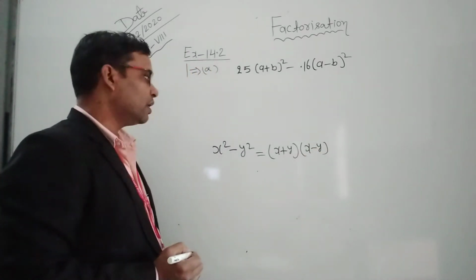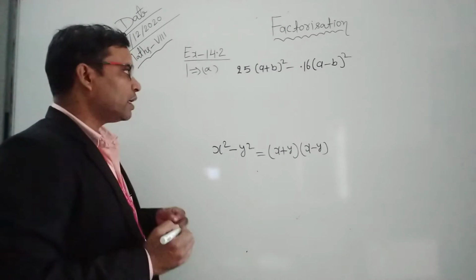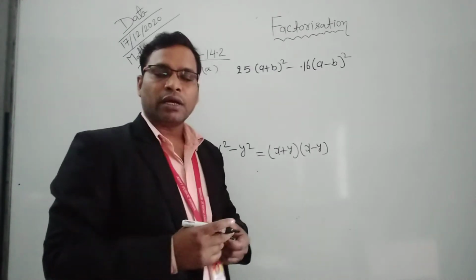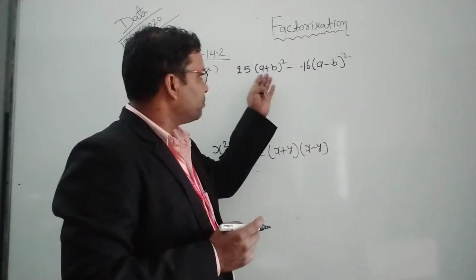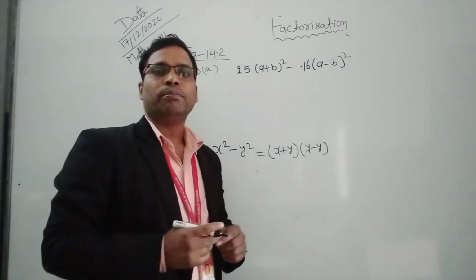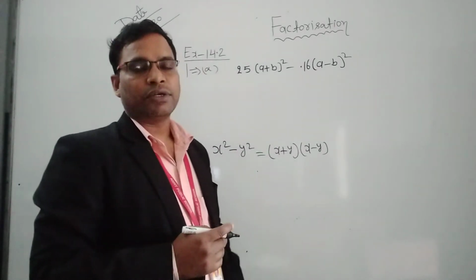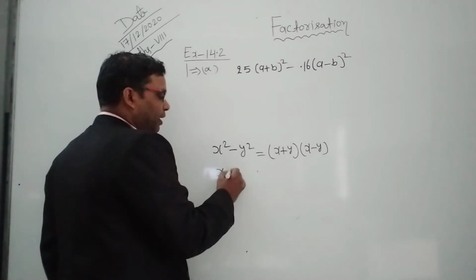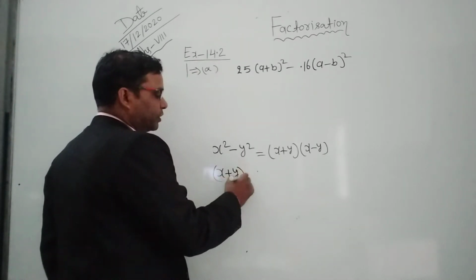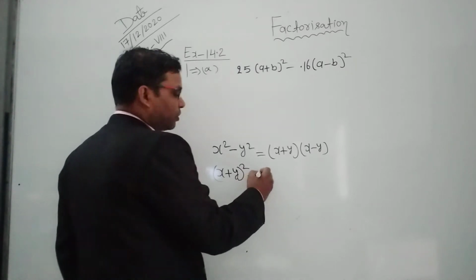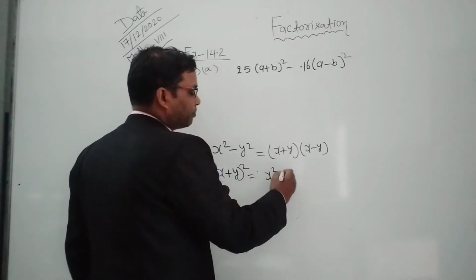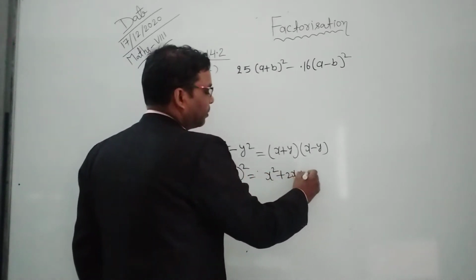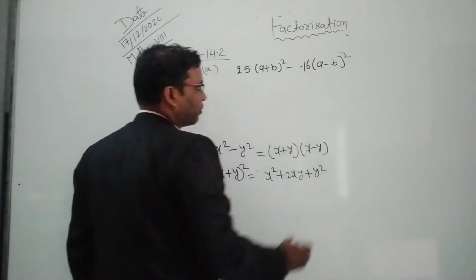This is clear now. And second way, we can also find the factors of these polynomials by using the first and second identities. What is the first identity? First identity is whole square of x plus y. This is equal to x square plus 2xy plus y square. Okay.